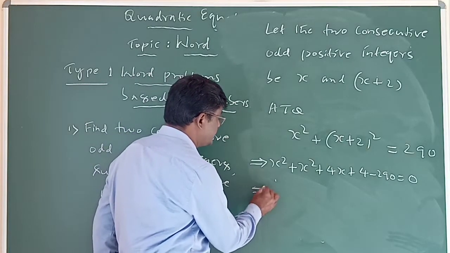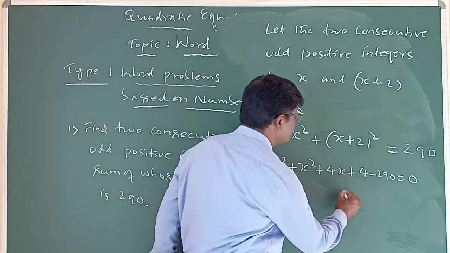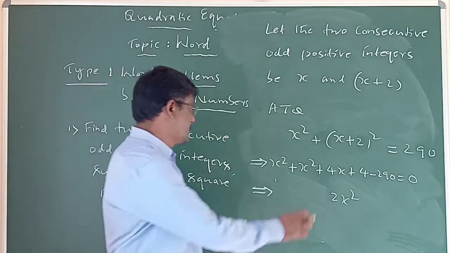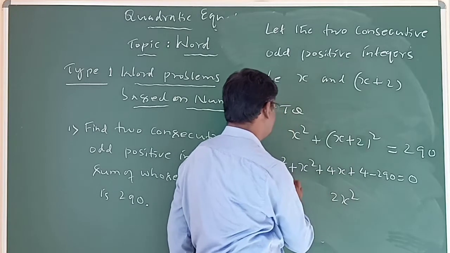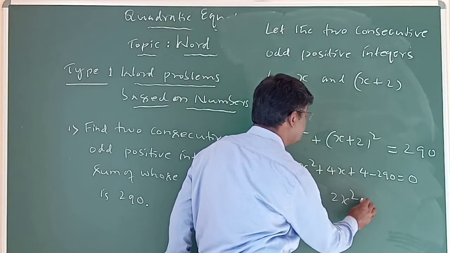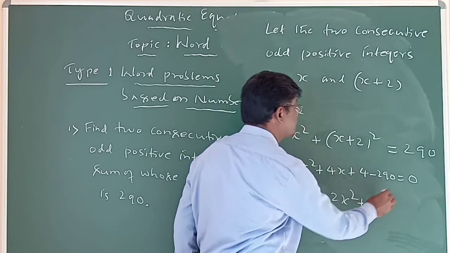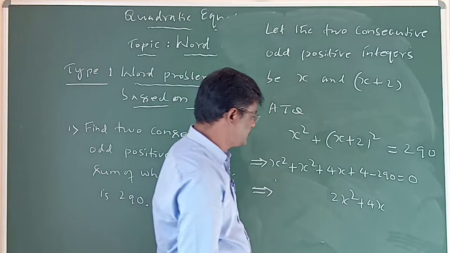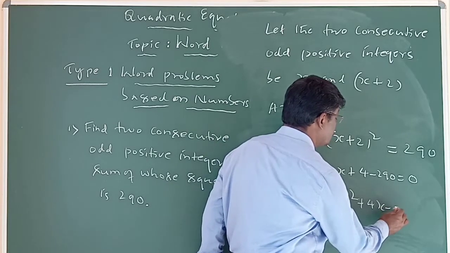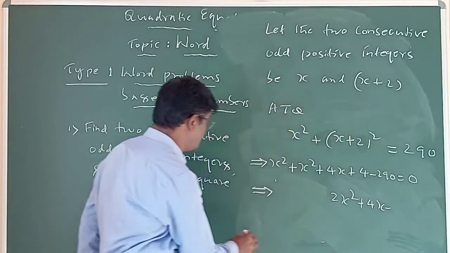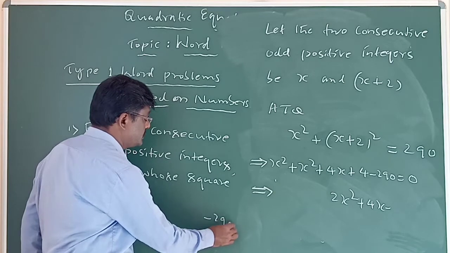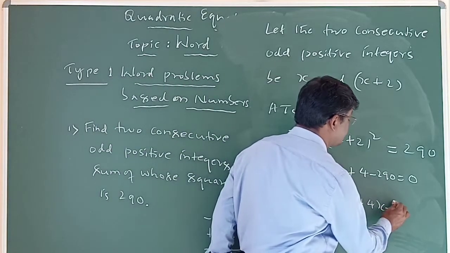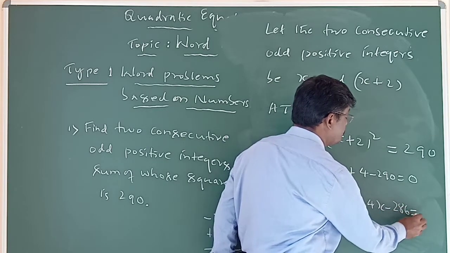Therefore, this implies 1x square plus x square is 2x square, then plus 4x, the only x term. Next, minus 290 plus 4 means minus 286. If you have any doubt, better you go to the rough work and then subtract. 2x square plus 4x minus 286 equal to 0.